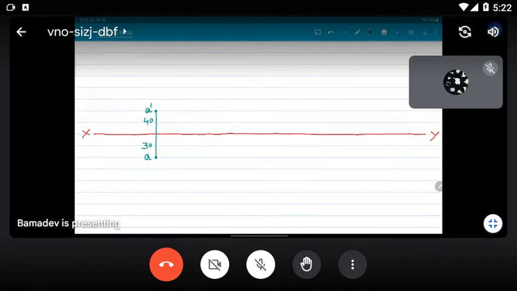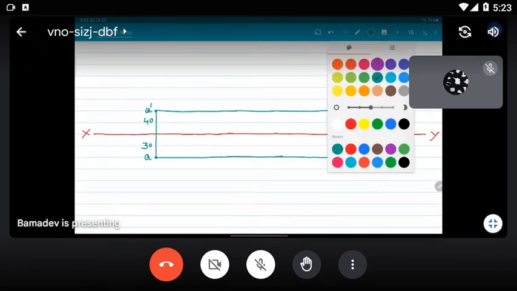Then you got A dash A, then draw parallel lines through A and through A dash. Okay. Now, how much angle does it make with horizontal?